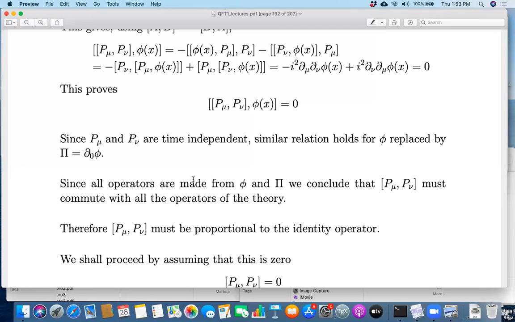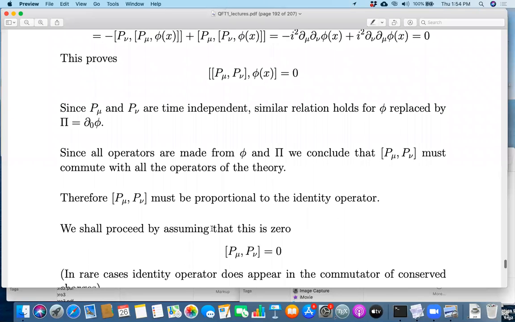Because all operators in the theory are made from phi's and pi's. So we conclude that this p nu commutator must commute with all the operators of the theory. And this means that it must be proportional to the identity operator, because an operator that commutes with all the operators in the theory must be proportional to the identity operator.